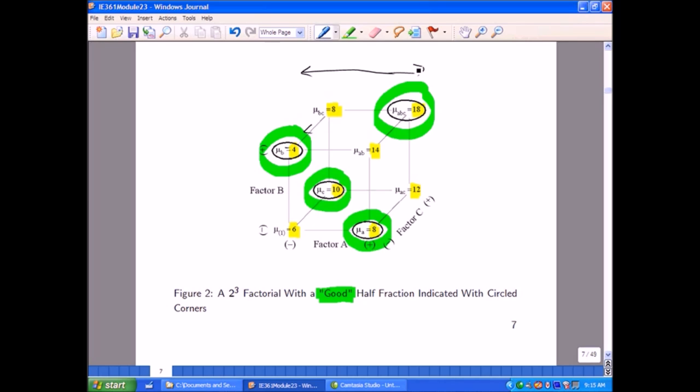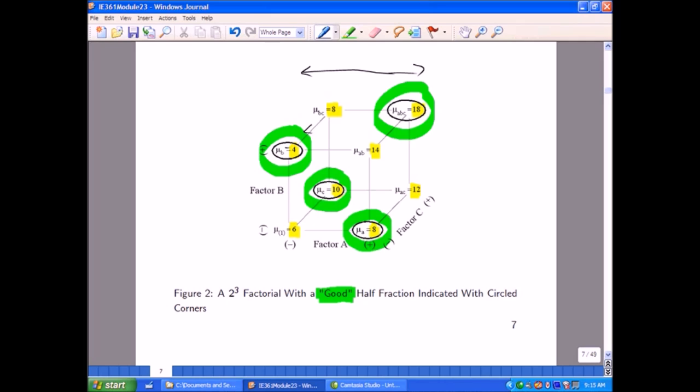If I take the left face and smash it into the right face, and if there was really not much difference between them, I would have myself a full factorial in factors B and C. That is, this picture says that if I collapse left to right, I'd have a full factorial in B and C.